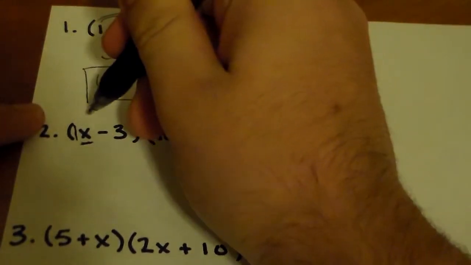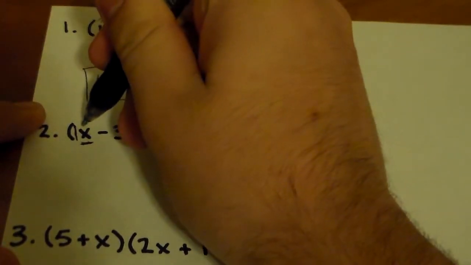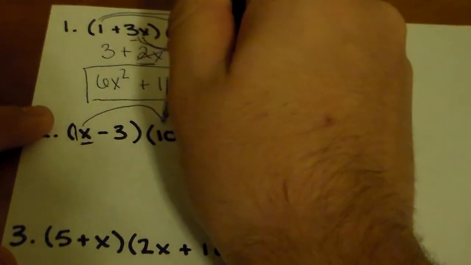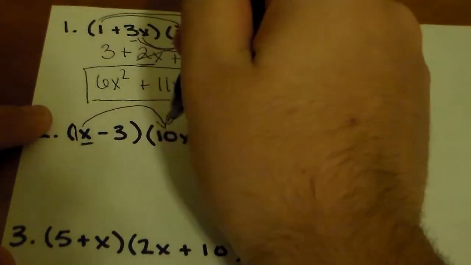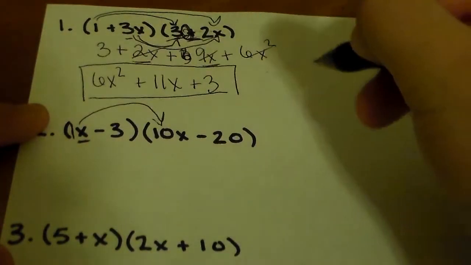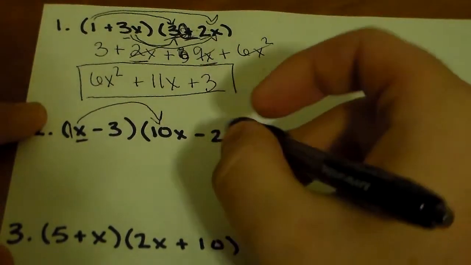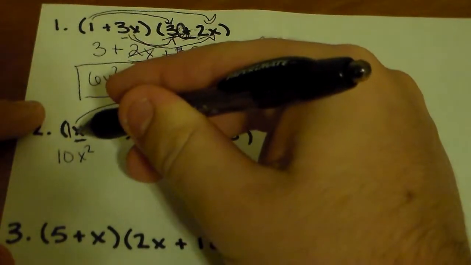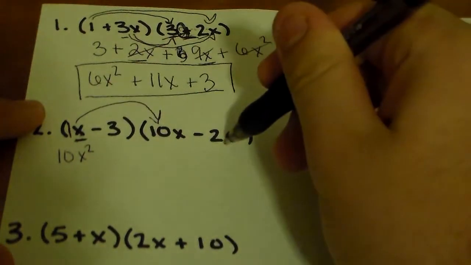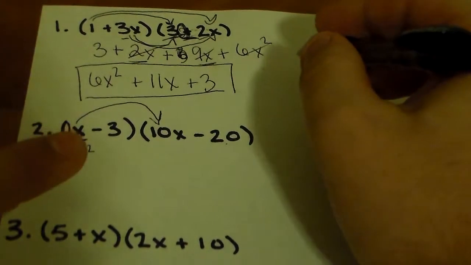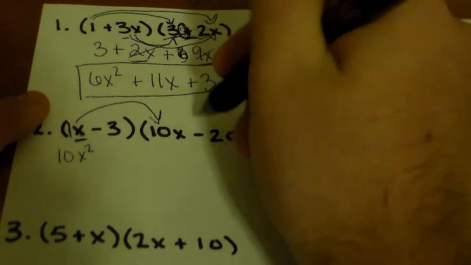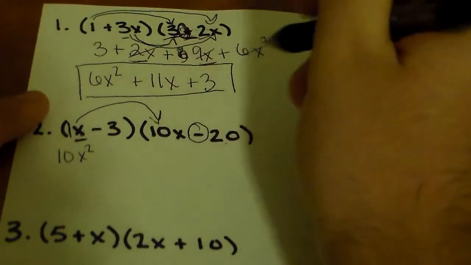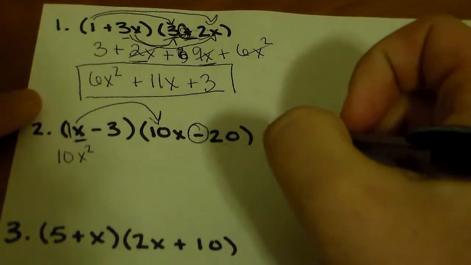So FOIL, so F, the first term in each of the parentheses, so it's going to be the x times the 10x, which will be 10x squared, and then the outer terms, which will be the x and the negative 20. Now, since there is a negative sign here, we'll not put a plus.